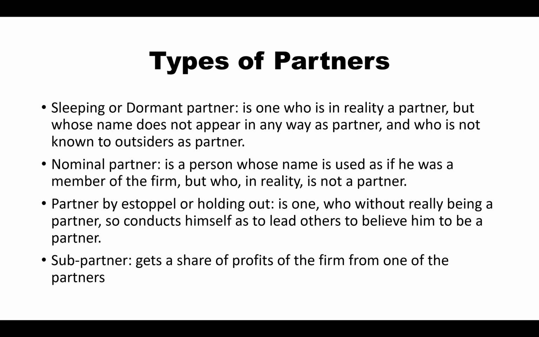But he is also liable to those third parties who subsequently discover that he was or is a partner. So he has no duties to perform, but he has the right of access to the books of account and of examining and copying them.